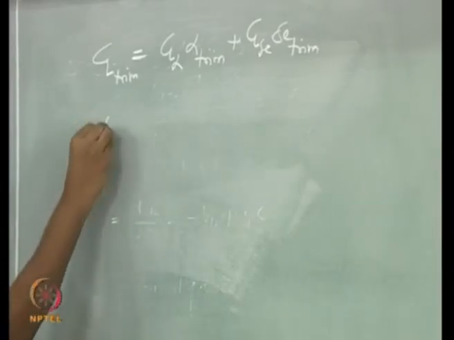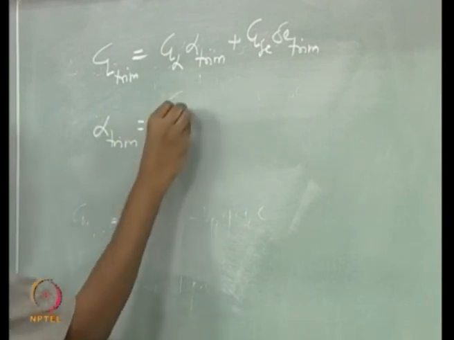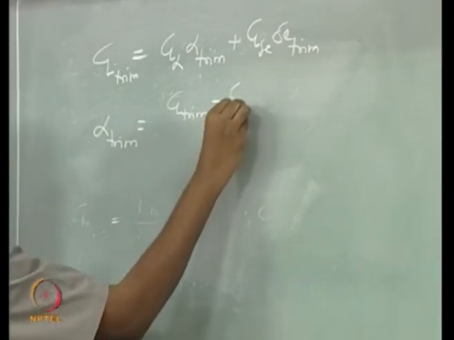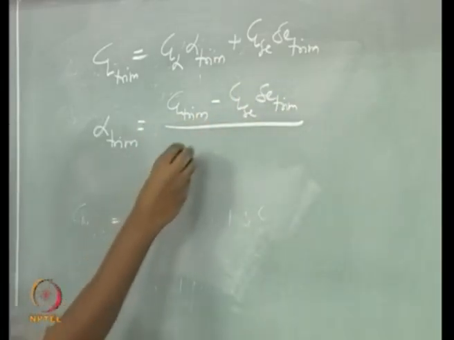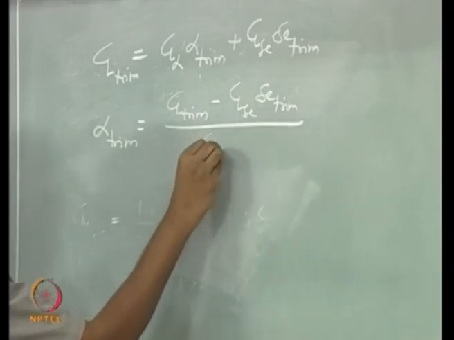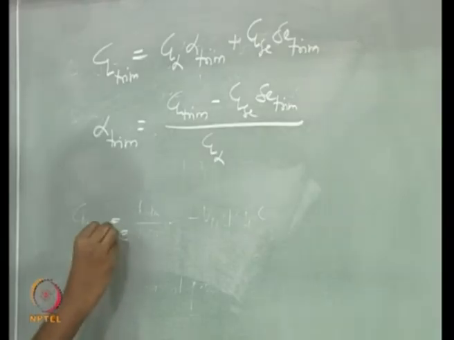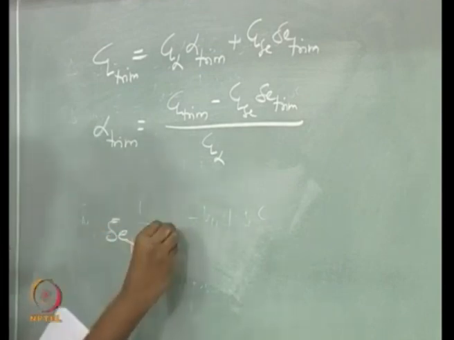So, what is alpha trim? So, now I can write this delta E trim in terms of CL trim, okay. That expression is thus.